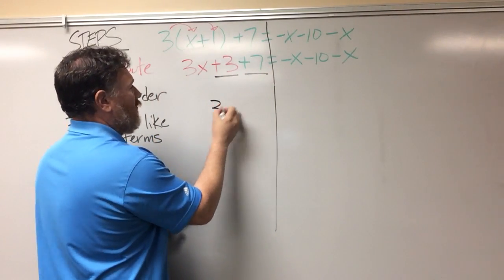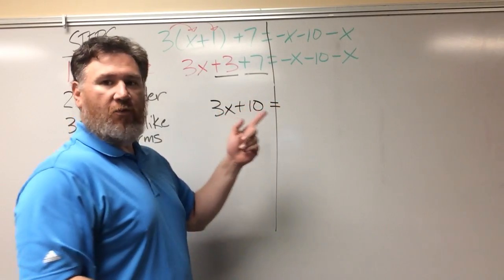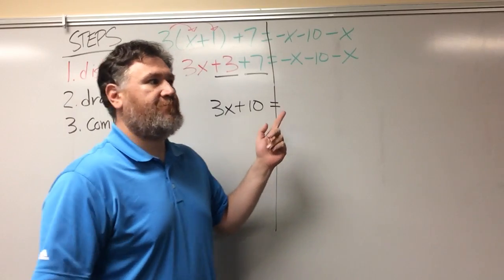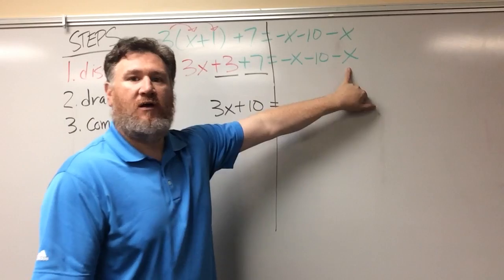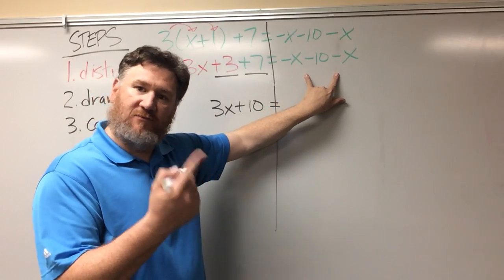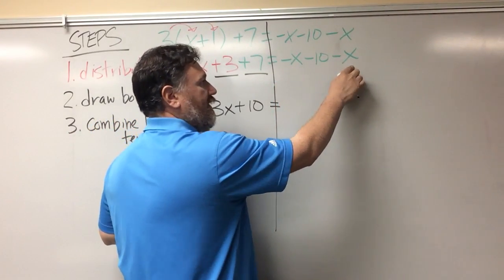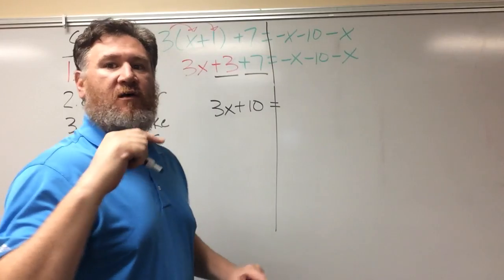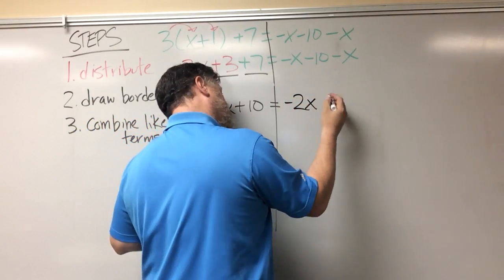So now we have 3x plus 10 on the left. On the right side, we have a variable, a number, and a variable. I can put the two x's together because they're alike so they can be combined. Negative x minus x would give us negative 2x. And then I still have the negative 10.